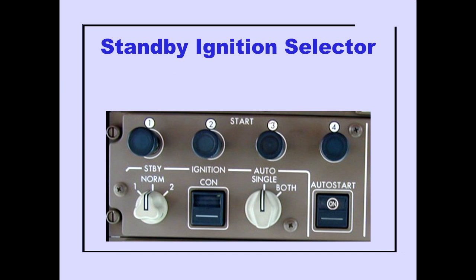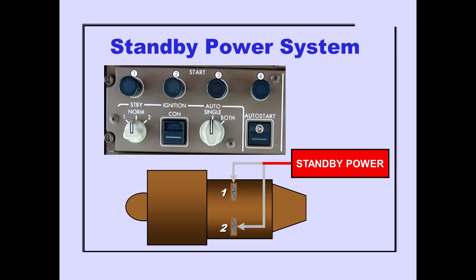The standby ignition selector has three positions: 1, normal, and 2. Rotating the standby ignition selector to 1 or 2 selects the standby power system as the power source for the individual igniter, regardless of auto ignition selector position.